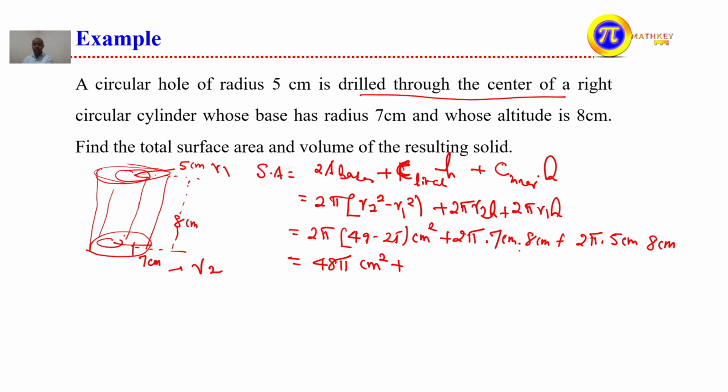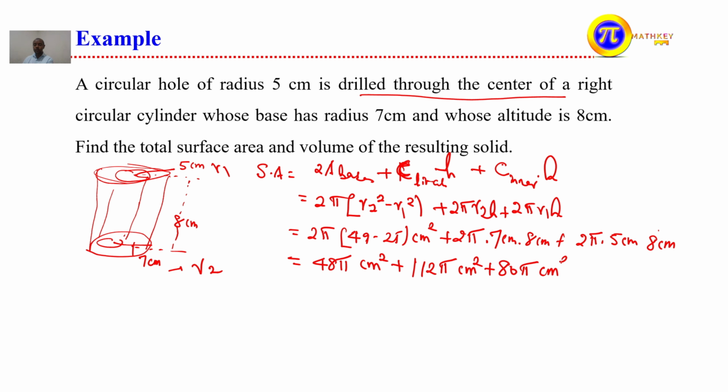Plus here, 56 times 2 is 112, so 112 pi centimeter square. Plus 2 pi times 5 centimeter times 8: 5 times 8 is 40, and 40 times 2 is 80 pi centimeter square.